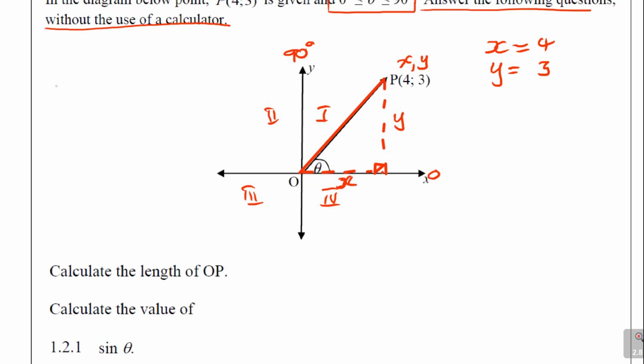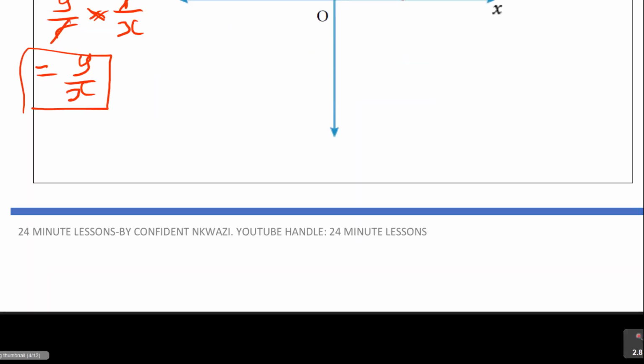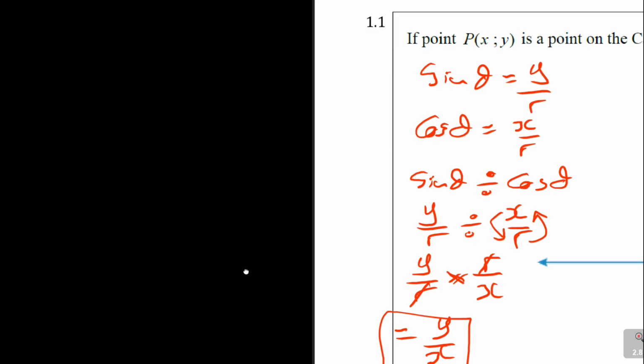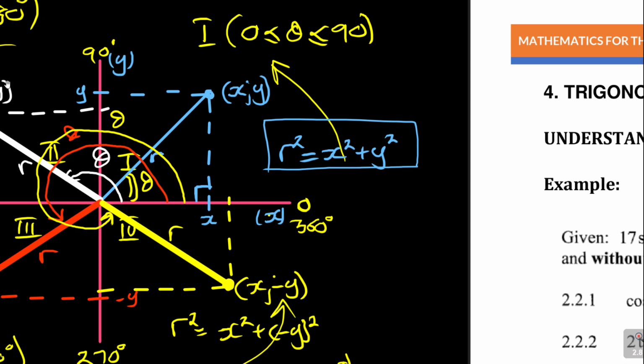And you know the formula? I told you r squared is equal to x squared plus y squared. That's your OP. OP is this distance r. And if you go back to the previous foundation I was laying, we're in the first quadrant and you said r squared is equal to x squared plus y squared.